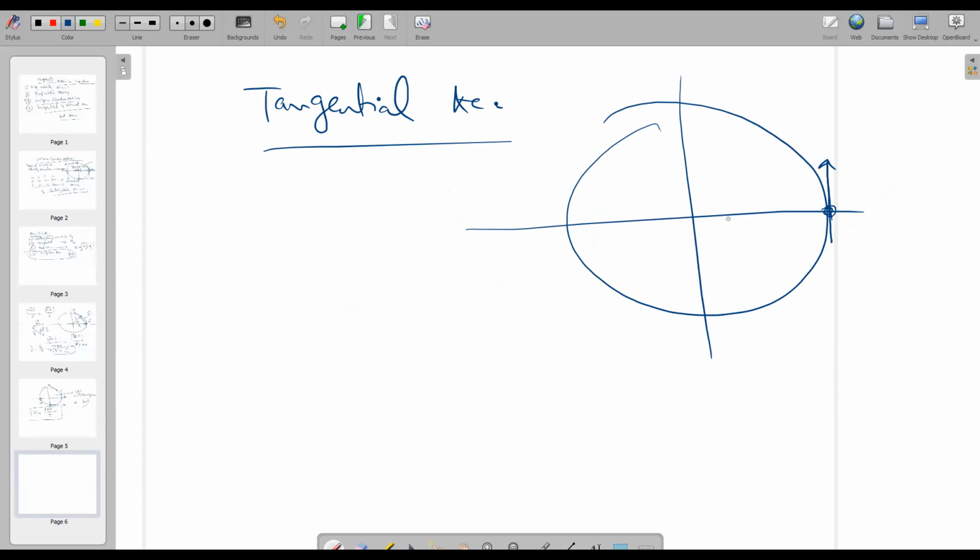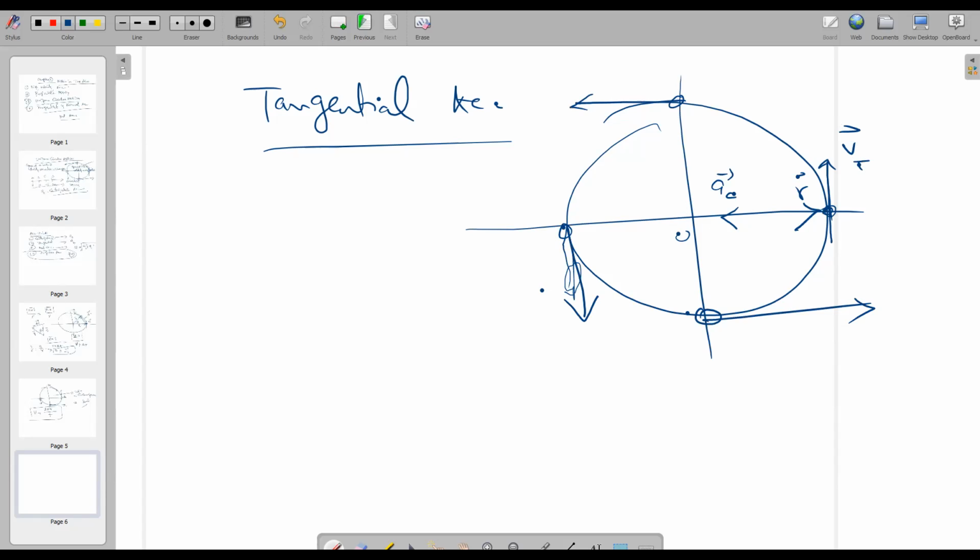The radial or centripetal acceleration direction is in this way. The radius vector direction is this. This is the centripetal acceleration direction, and this is the velocity direction. This velocity is tangent to the circle at this point, and wherever the point is, the velocity is tangent at that point.